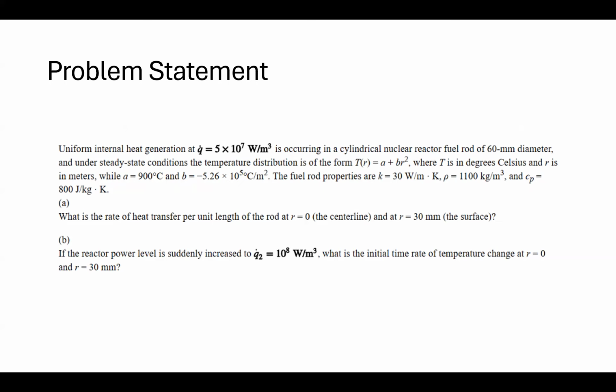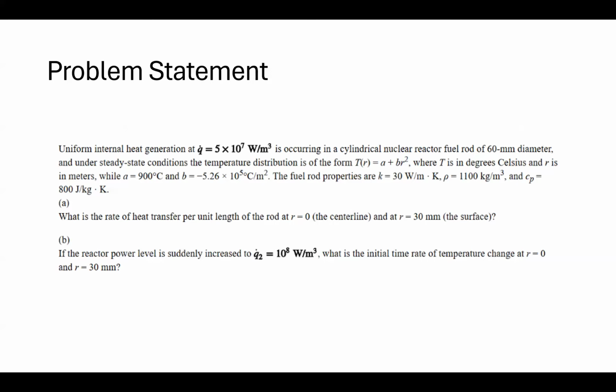For part A, we have steady state conditions, and we have a temperature profile given by A plus B R squared, where R is the distance from the center line of the cylinder in the radial direction. We also have these constants A and B, and then we're given the fuel rod properties, including the thermal conductivity, the density, and the specific heat.